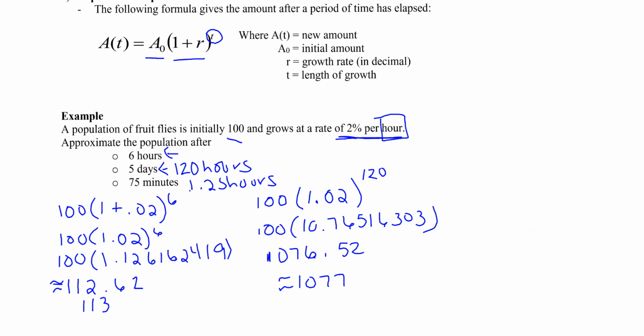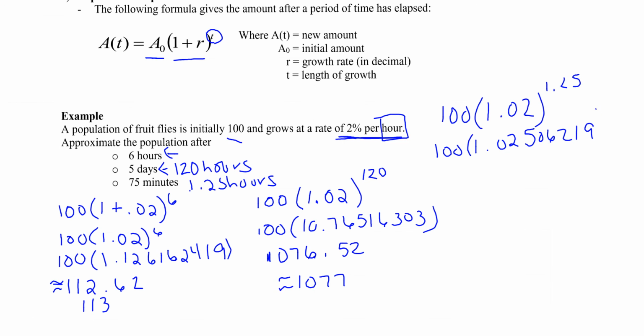And then our last one will be 100 times 1.02 raised to the 1.25 power, which is going to give me 100 times 1.025062219, and that's going to equal 102 and 51 hundredths, or about 103 fruit flies.